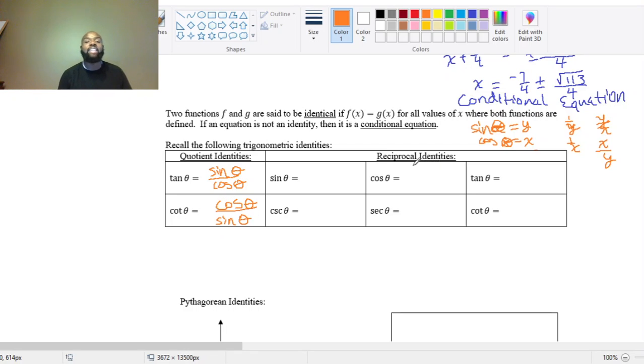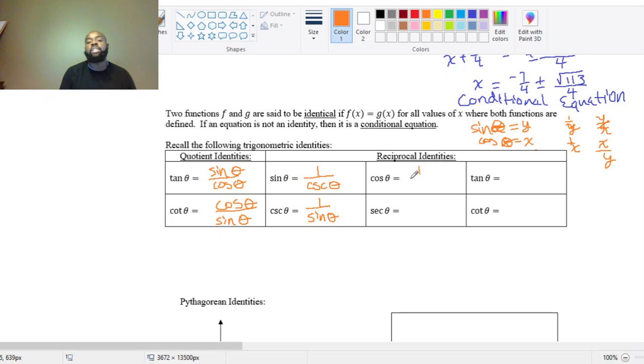The reciprocal identities are using the reciprocals of our trig functions, right? So since sine is y and cosecant is 1 over y, sine is the same thing as 1 over the cosecant of theta. Cosecant of theta is the same thing as 1 over the sine of theta. They're reciprocals of each other, right? So it's like flipping the fraction, and flipping is putting one over the other function.